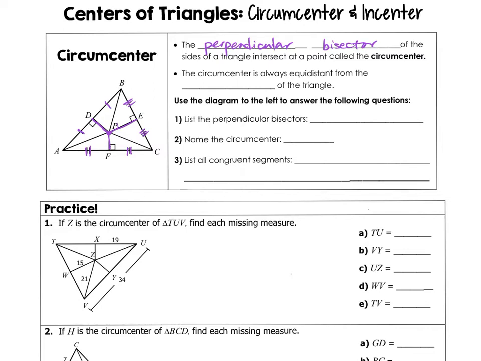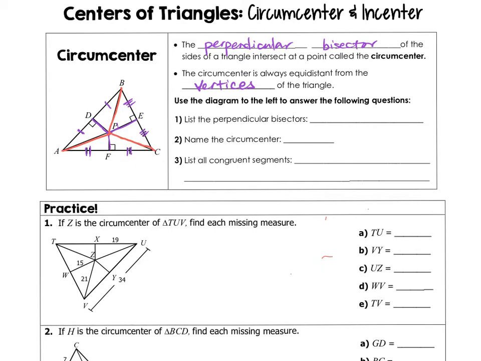The circumcenter is always equidistant from the vertices of the triangle. In other words, I'm going to use red this time. It's saying that from P to the vertices, these three red segments are congruent.